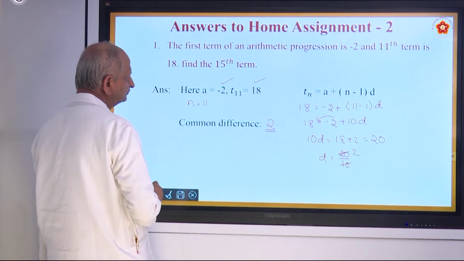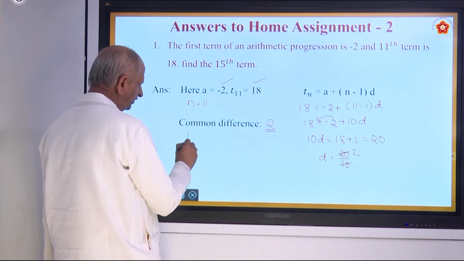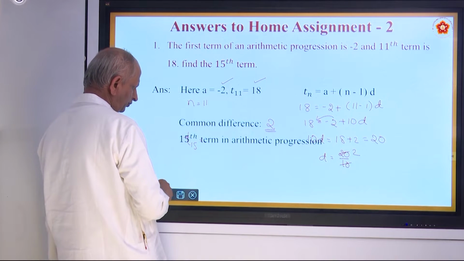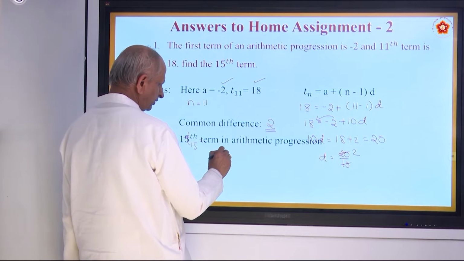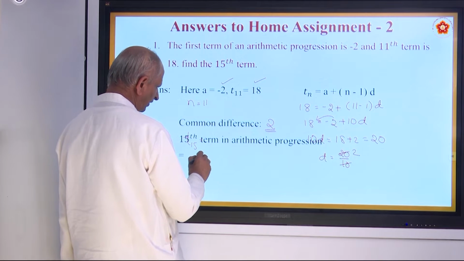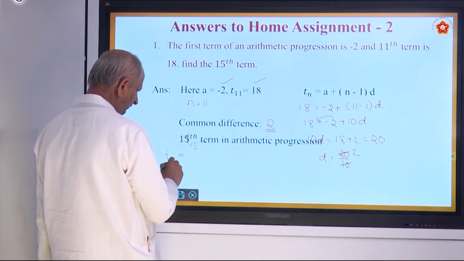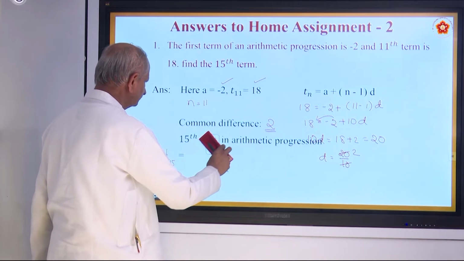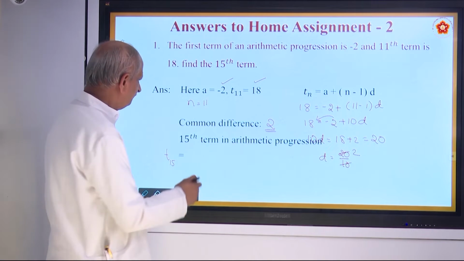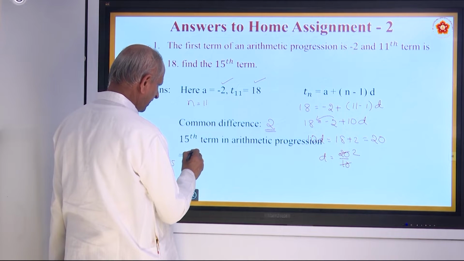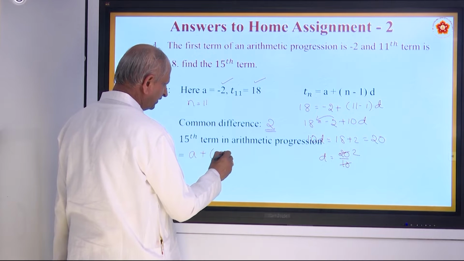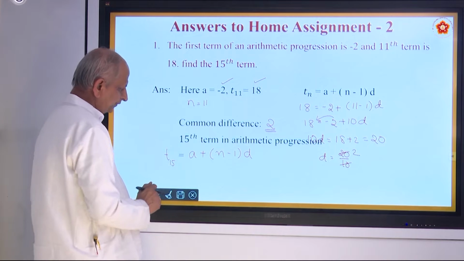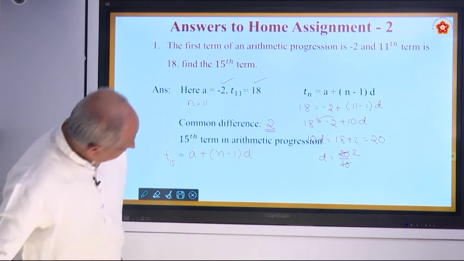They are asking for the 15th term, that is T15 is equal to... the 15th term is got by the same formula. So T15 is equal to a plus (n minus 1) into d is the formula, is it not? That is the formula for Tn.